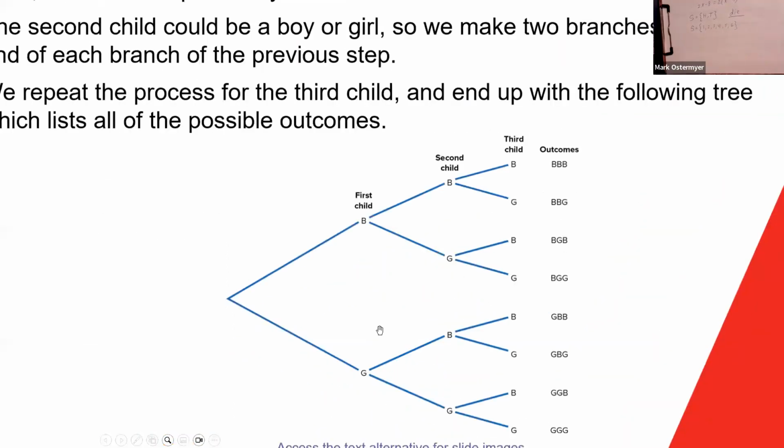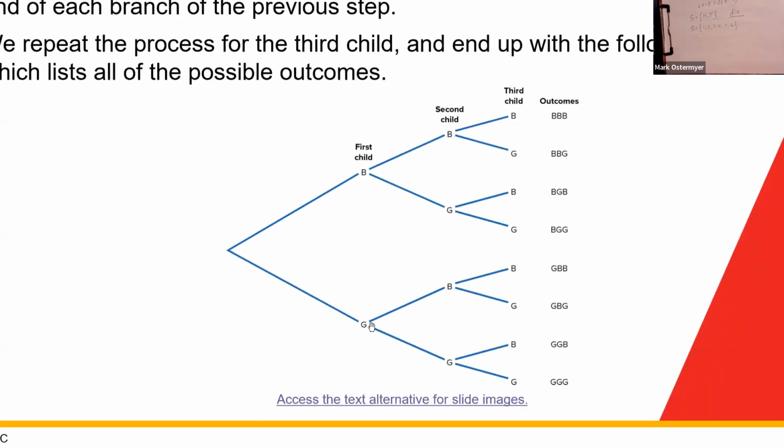So if you look at the first child, notice you have 2 main branches emanating from a point to the left. This is kind of like the root of the tree. We could have a boy or we could have a girl. That's for the first child. For the second child, notice we could have a boy or a girl from the first particular gender.